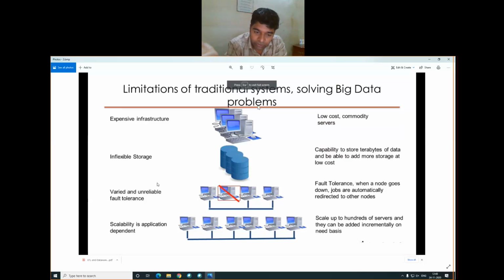When we use a particular server, we have to use a particular database to get the respective data, then fetch the information using Hadoop capability.